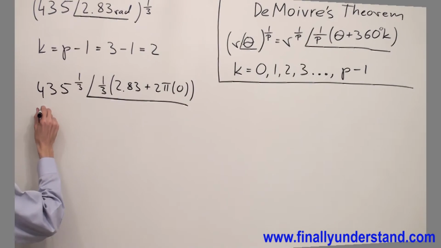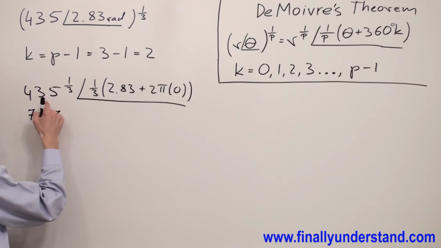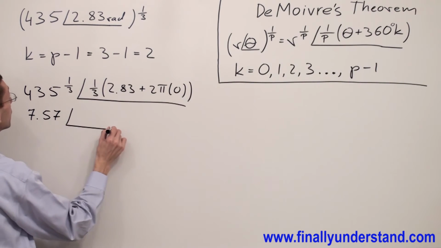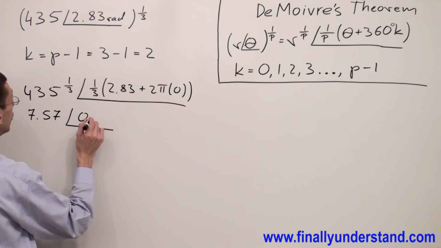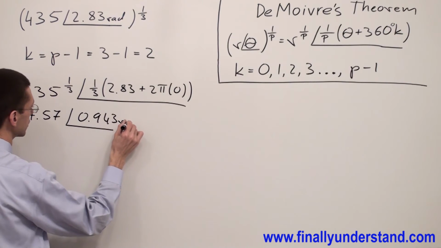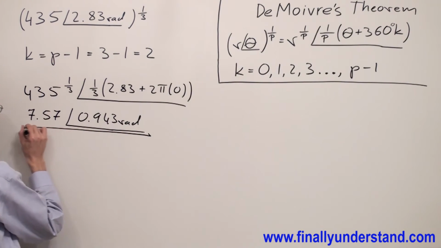This is equal to 7.57. Of course, you're supposed to use the calculator. And angle of 0.943 radians. This is the first answer to my problem.